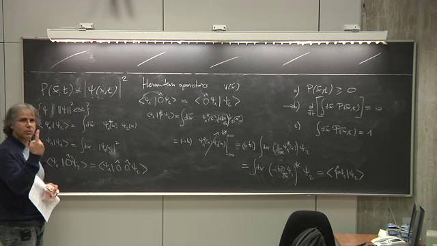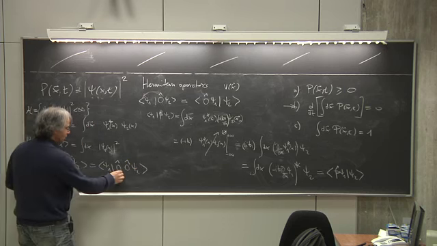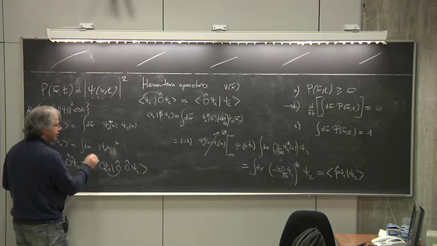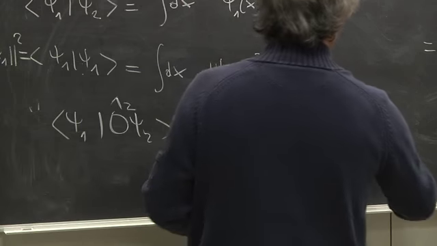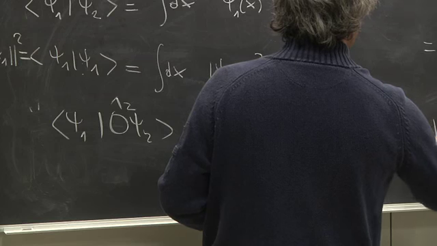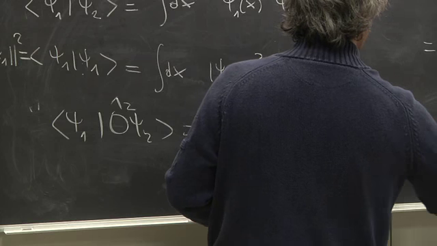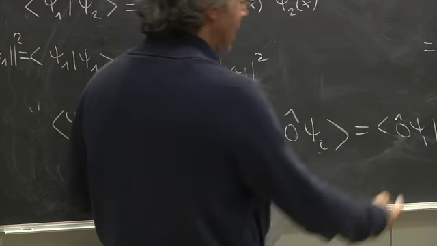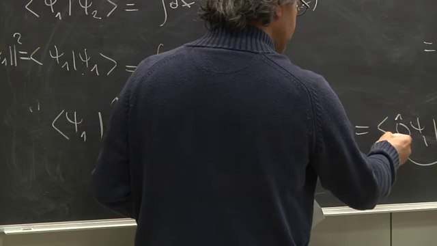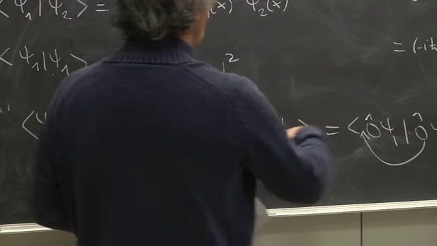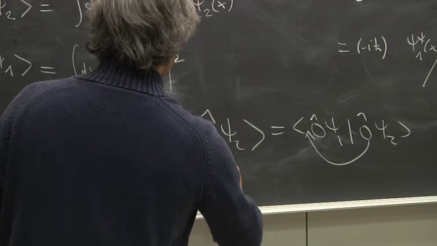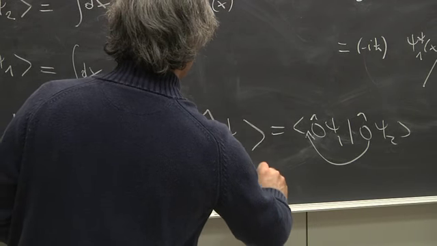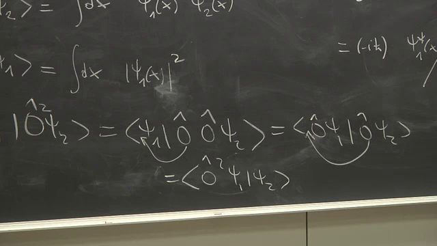Let's do it one travel at a time. O is Hermitian, it can go here. But the resulting thing is equal to O psi 1, O psi 2. But O is Hermitian, as I said, and can travel here. And so you see, you reconstruct O square on the left.